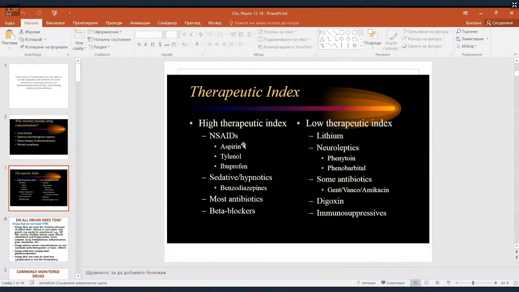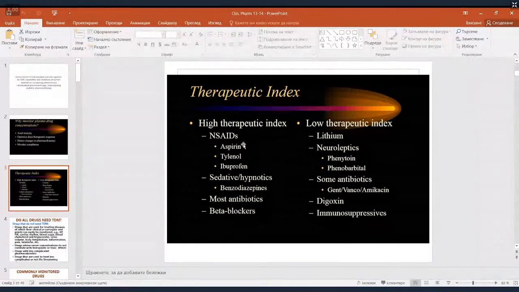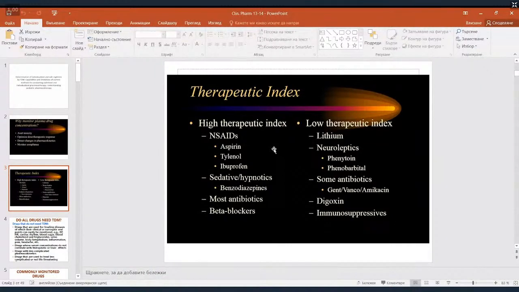So this is the toxic dose when around 50% of all the individuals who were given this drug get toxic effects. Let's say we did a study with 100 patients, and 50 of them, when they were given 10 grams of ASA, got some toxic effects. This means this is the TD50, or toxic dose in 50% of the individuals.